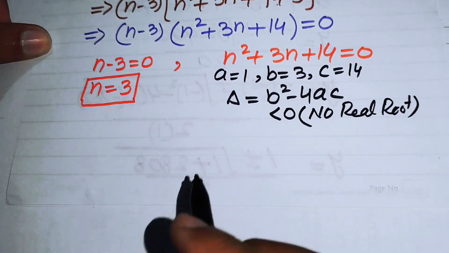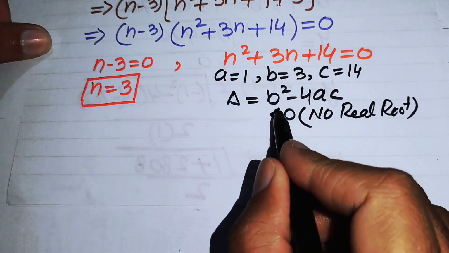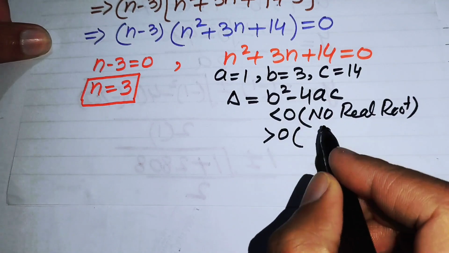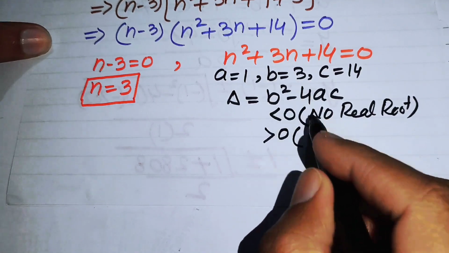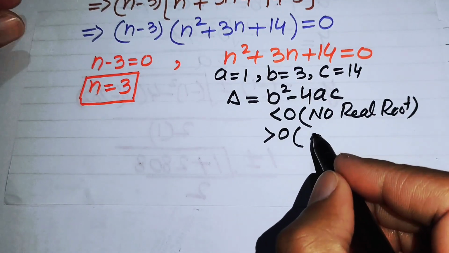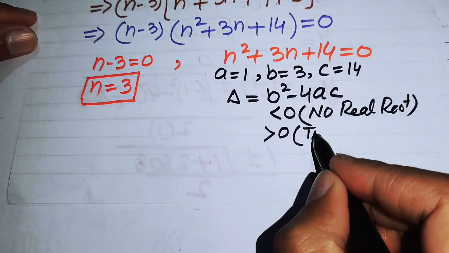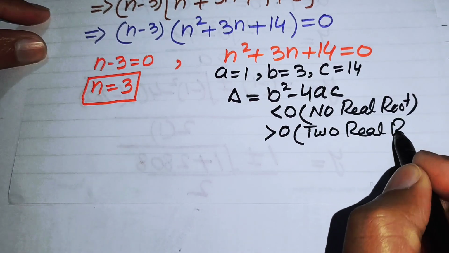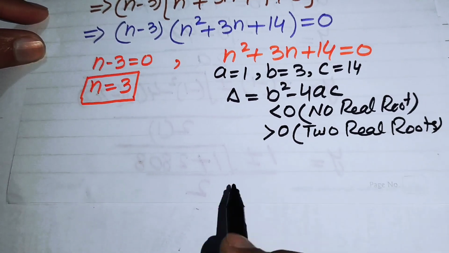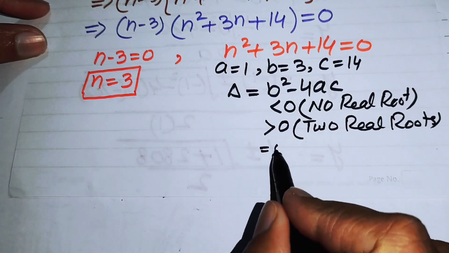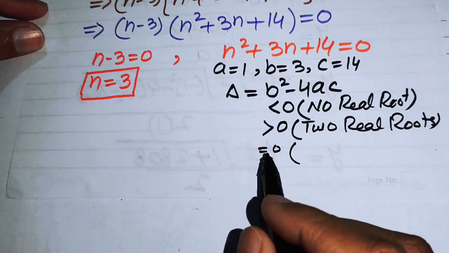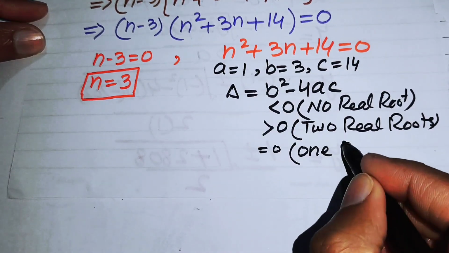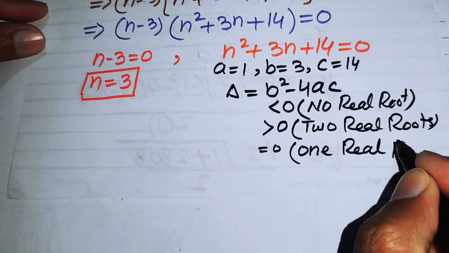And if the value of this delta is greater than 0, then we say that it has two real roots. And similarly, if our delta equals 0, then it means that our given equation has only one real root.